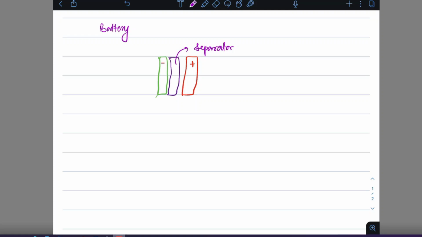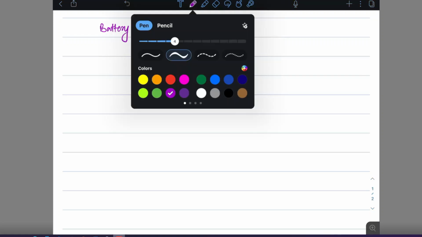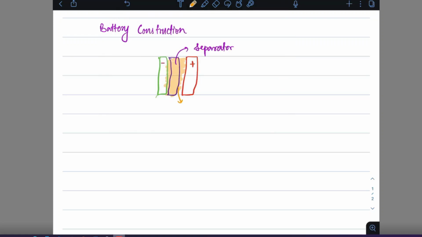Battery construction. So you have these three entities, and the electrolyte is filled between the two. You can think of the separator soaked in the electrolyte, just to assist you with the mental picture, like a cloth.